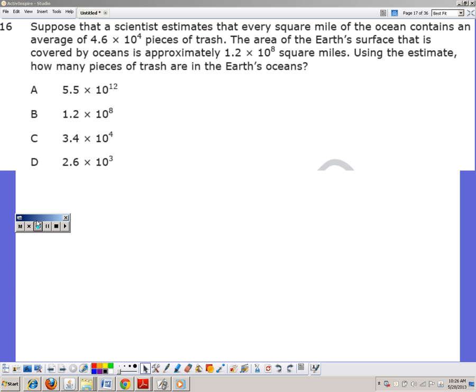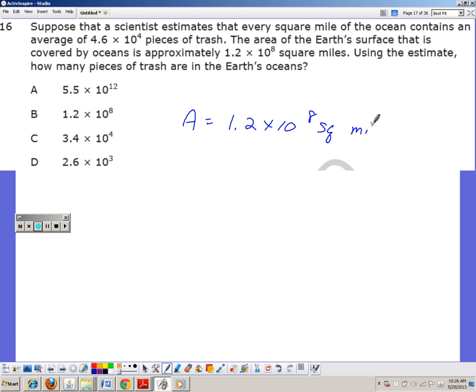Okay, again, area is base times height. But they already give us the area. The area is 1.2 times 10 to the 8 square miles.